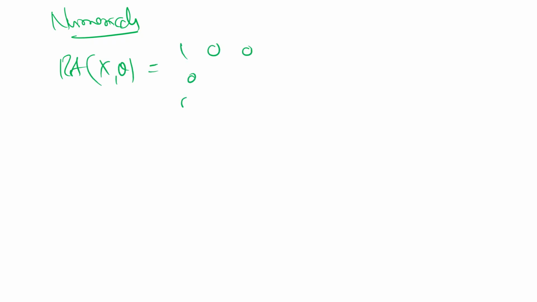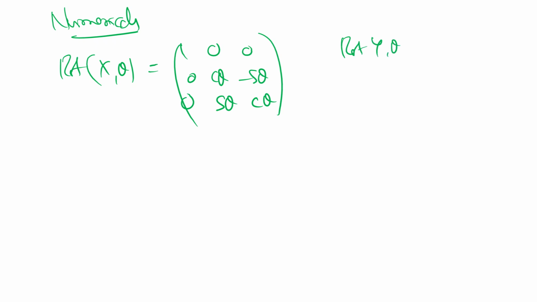Okay, so we'll do some simple problems. For that you should know these matrices. Rotation about x by theta equals 1, 0, 0; 0, cos theta, minus sin theta; 0, sin theta, cos theta.